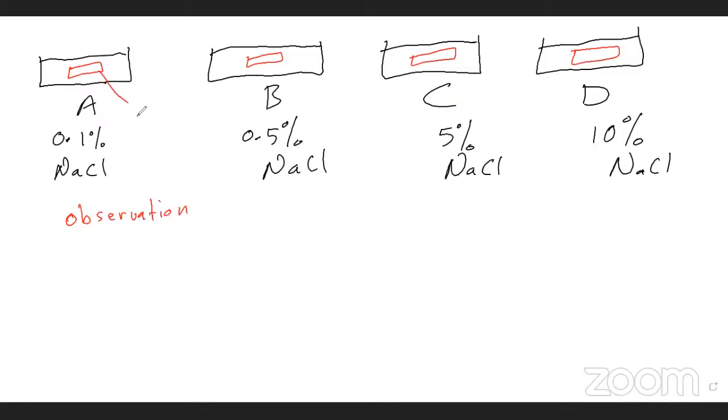All right, this is potato strip. So based on this, what experiment am I doing? Osmosis, sir. All right. And so for observation, for container A, let us say the potato strip.